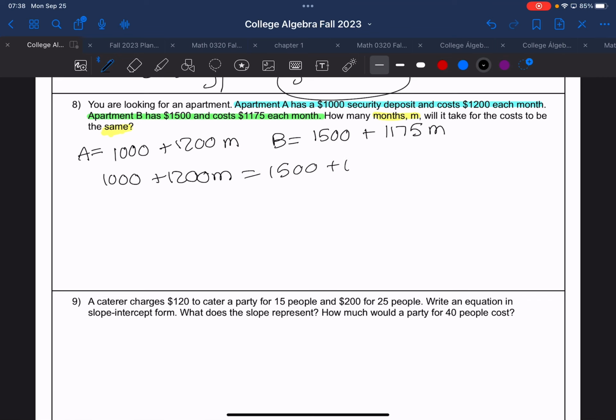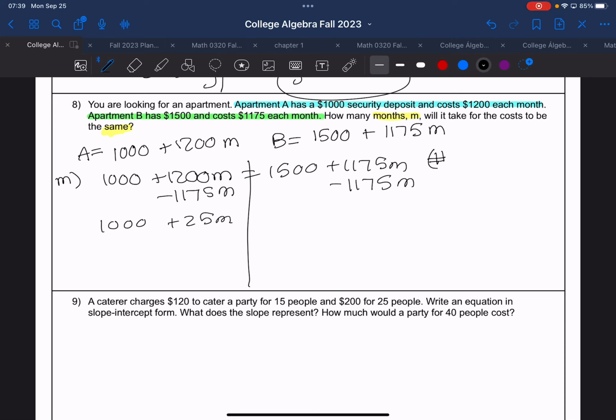Okay, I'm going to move my M's to the left, my numbers to the right. So I'm going to subtract 1175 M. And I get 1,000 plus 25 M is equal to 1,500. Subtract 1,000.